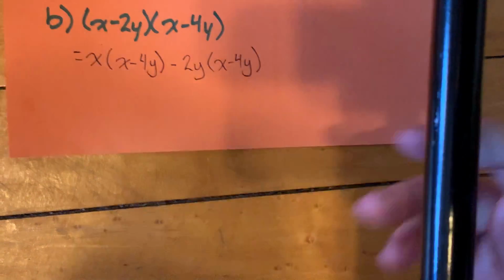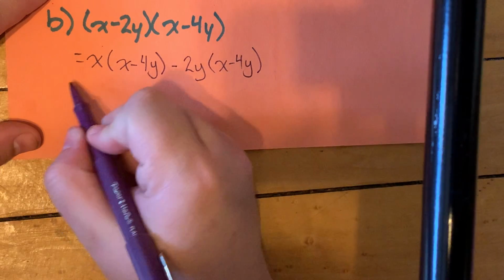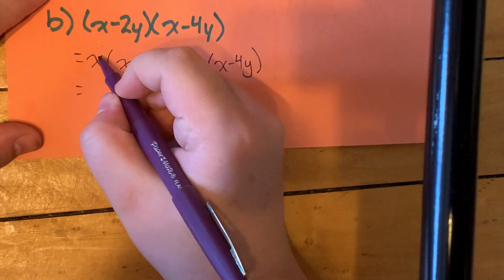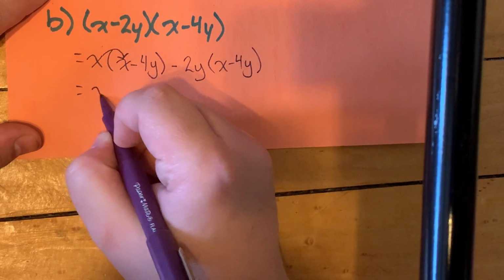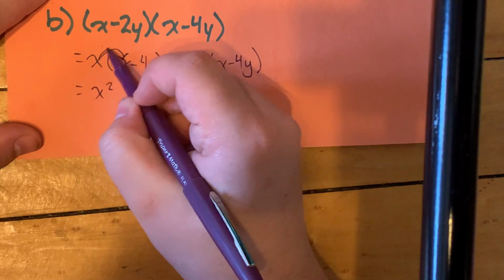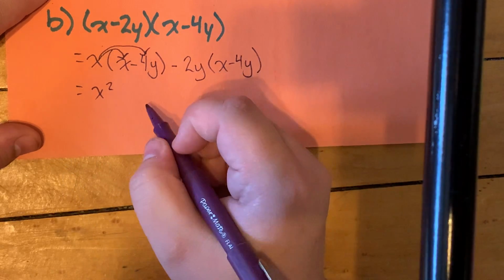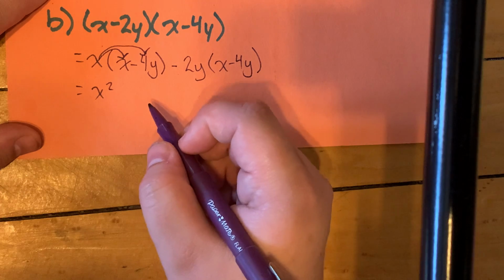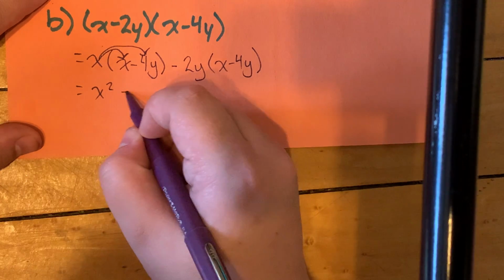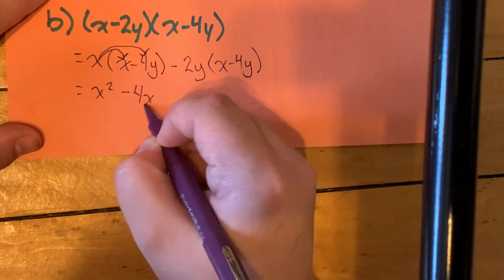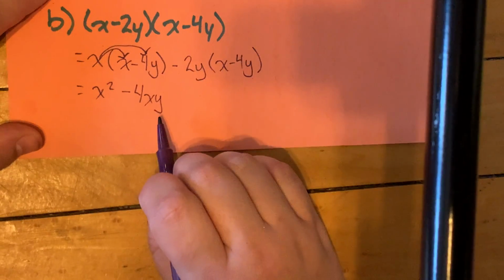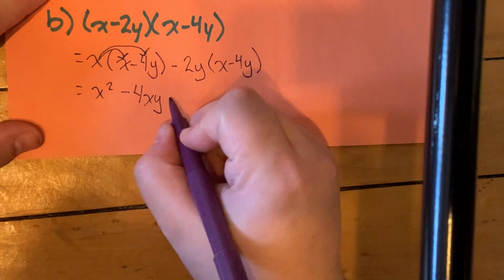Then we're going to multiply out. We have x times x, which is x squared, x times negative 4y, which becomes negative 4xy. We like our variables in alphabetical order.